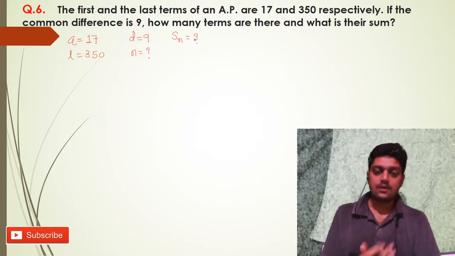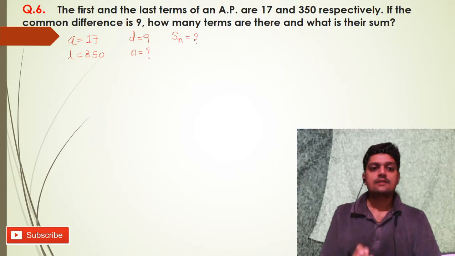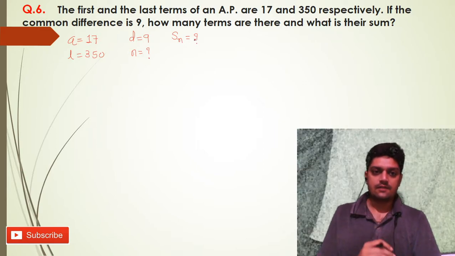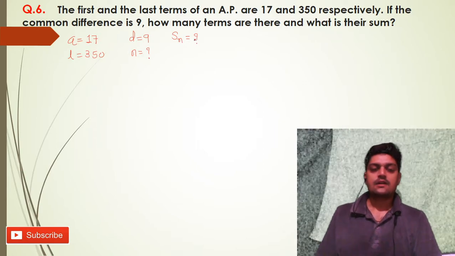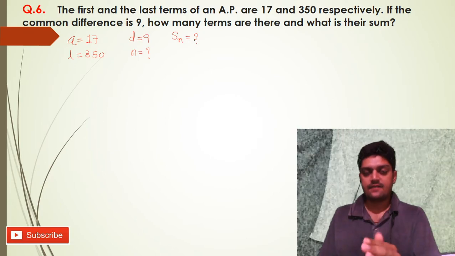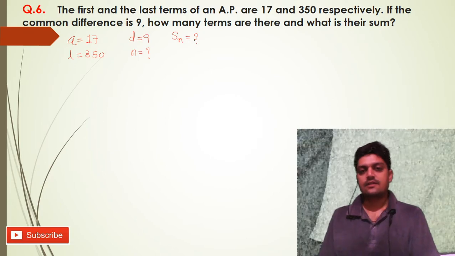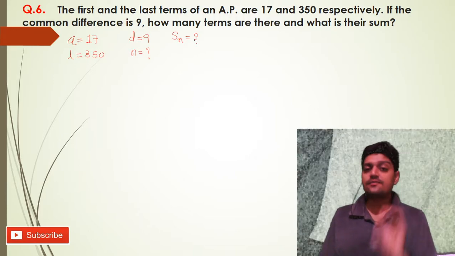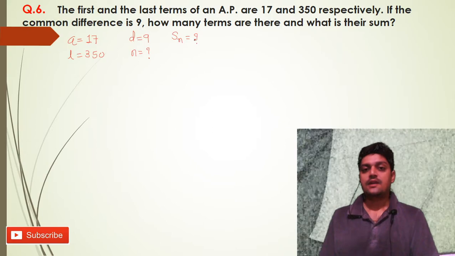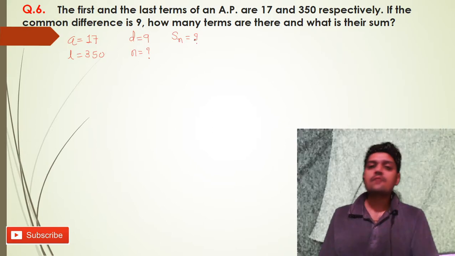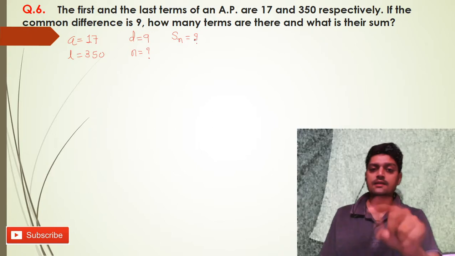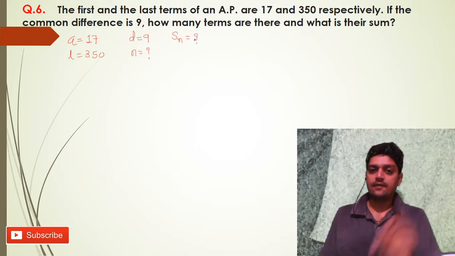So now what should we do here? First, a and l are given and d is also given, and I want n here. If I want n, using the Sn formula I can get the answer, but I don't have n, so first I have to find n. But using which formula can I find n, that we should think first. We have the nth term formula to get the value of n.